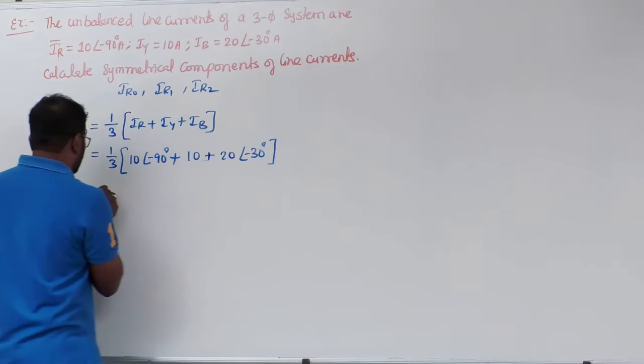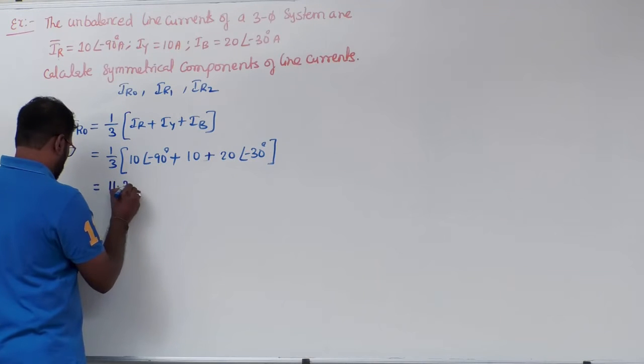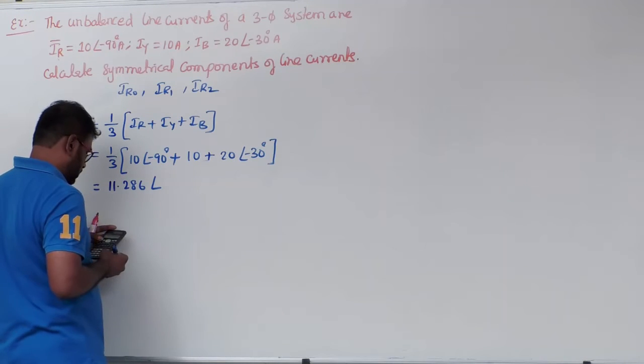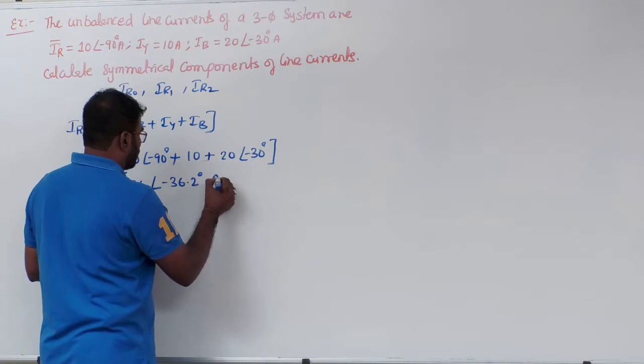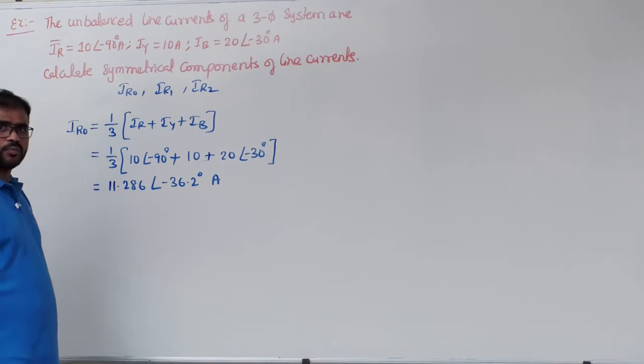Solving this, we get 11.286 at an angle minus 36.2 degrees amperes. That's IR0.